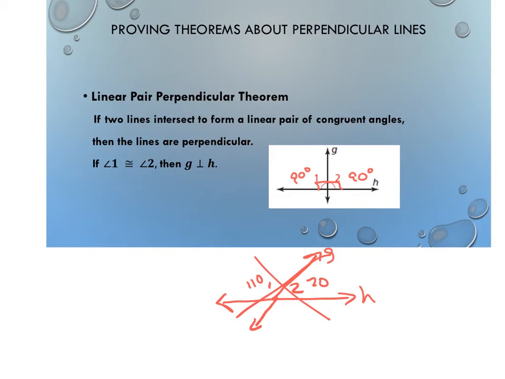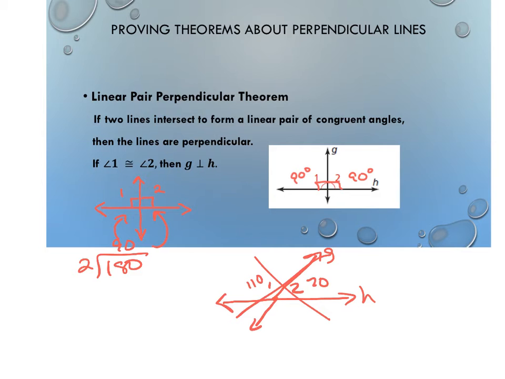So this is the linear pair perpendicular theorem. When it creates two congruent angles, then we know the lines are perpendicular. In order for this theorem to work, you're going to have two lines, and when the two lines intersect, if it creates two congruent angles, angle 1 and angle 2, then I know that if I take that 180 and divide it by 2, both angles are 90 degrees, which makes them congruent, which also makes the lines perpendicular.